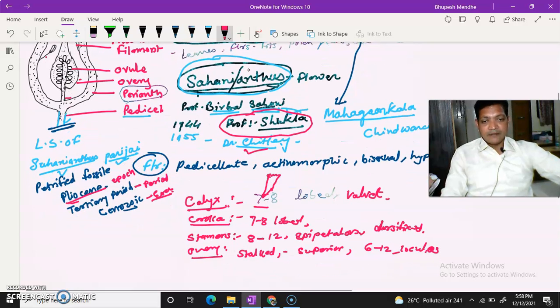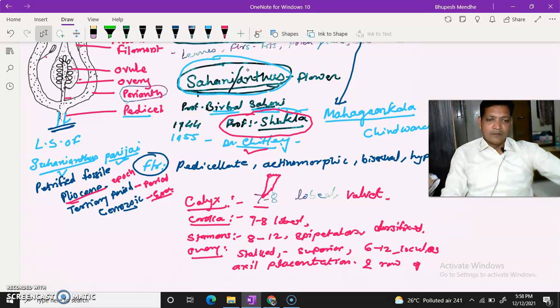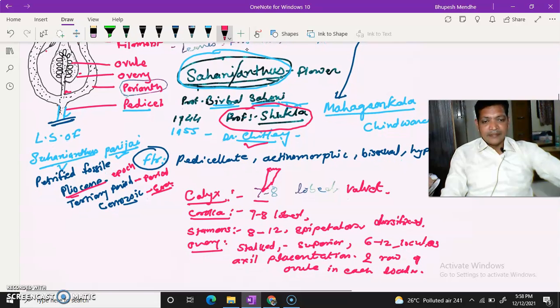And the placentation is axile placentation, with 2 rows of ovules in each locule, right? And again they say that at the base of the ovary there is a presence of nectar glands which secrete nectar.